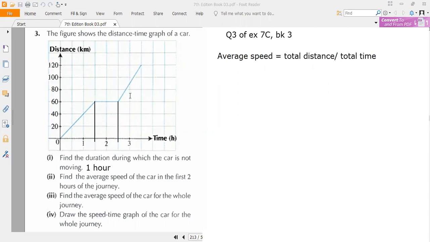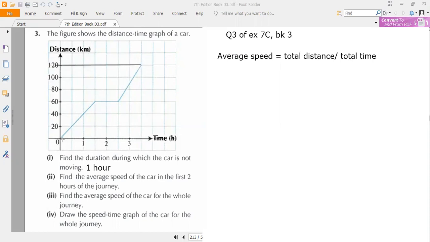So what will I do? First of all, I will see how much distance is covered here. We are starting from 0 and reaching this line. So I will see how far the line goes. This line is going to 120 kilometers.